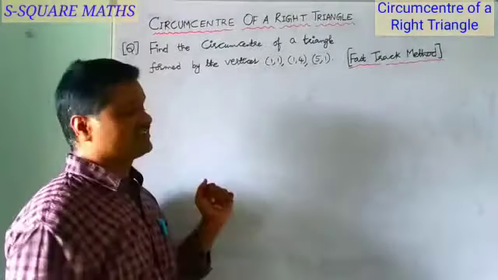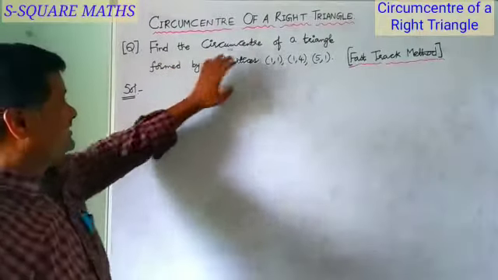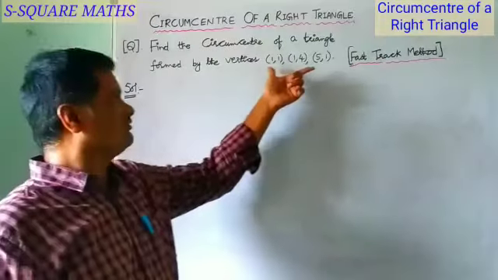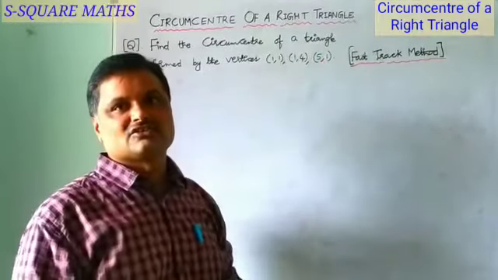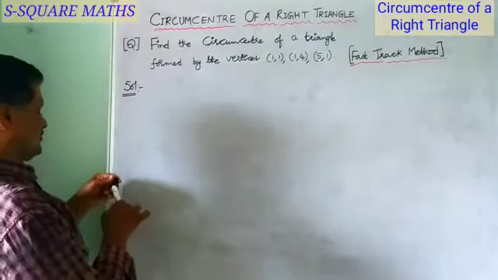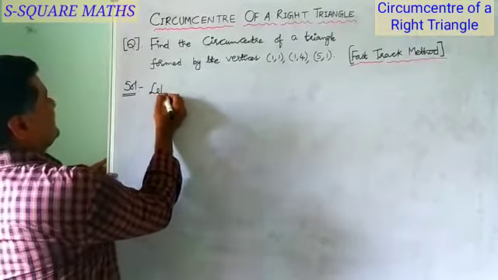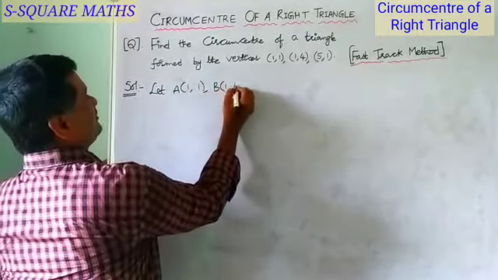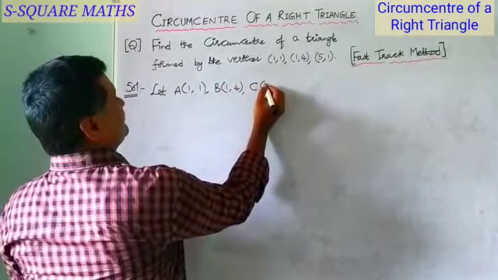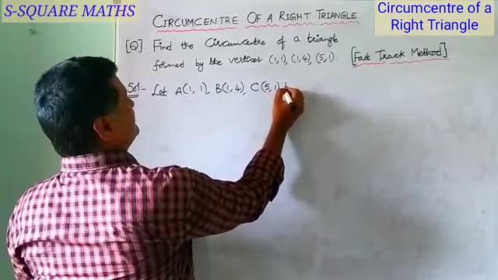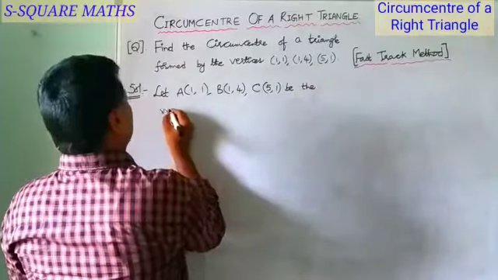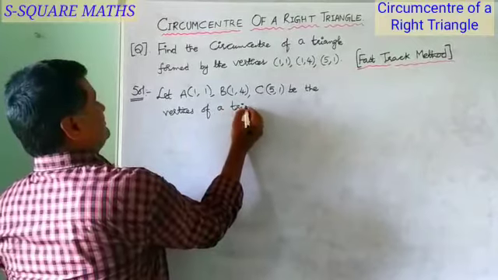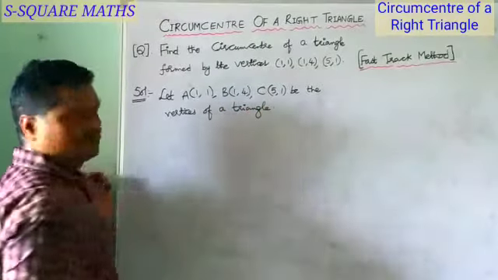So first of all, let us discuss our question. Find the circumcenter of the triangle formed by the vertices. First of all, we have to check which type of triangle it is. So to check, let us follow the solution. Let A(1, 1), B(1, 4), C(5, 1) be the vertices of triangle ABC.